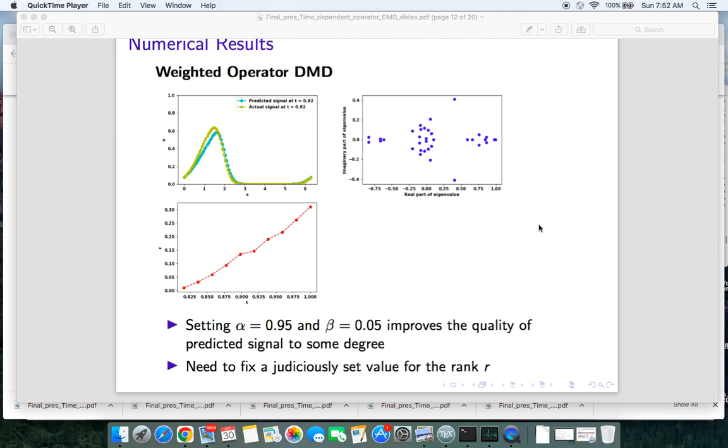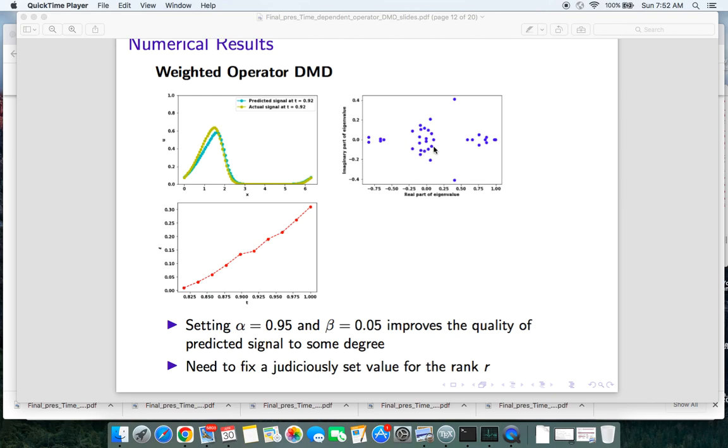The weighted operator DMD, we set alpha to 0.95 and beta to 0.05, and we notice that it improves the quality of the predicted signal to some degree, as we can see. So weighted operator DMD does a little better compared to time-dependent operator-based DMD.